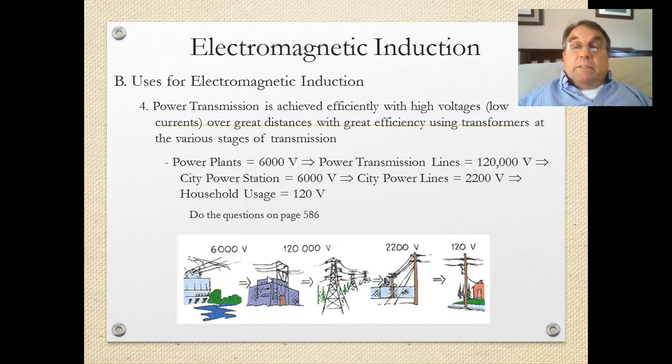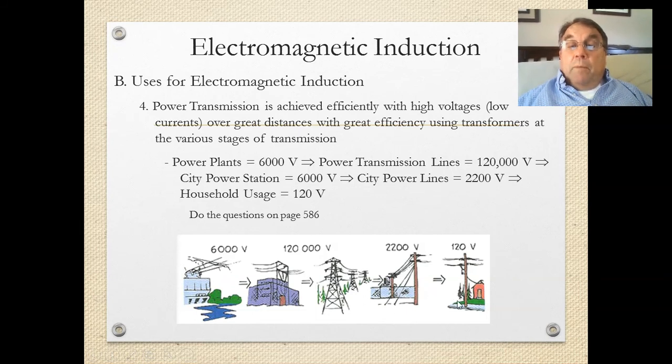So with less current, the wires don't heat up as much, and there's less loss of energy, just ambient energy radiating out. Then it's stepped back down at city power stations, and then stepped down further for household use. And the city power stations are like the ones on Lincoln and about F or so. Okay.